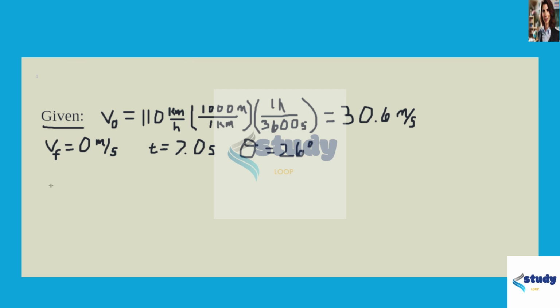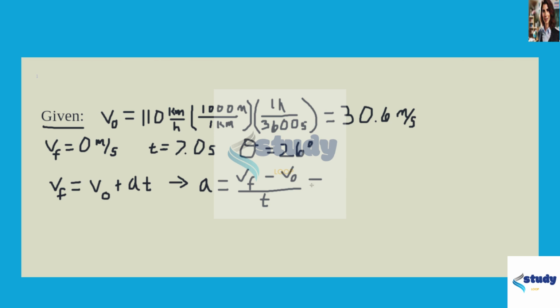So we're going to use our equation for the final velocity, which is equal to the initial velocity plus the acceleration times the amount of time that acceleration is applied. Well, we want to first find acceleration before we can find the horizontal and vertical components of that acceleration. So we rearrange this equation to solve for acceleration. That is equal to v final minus v initial, all divided by time.